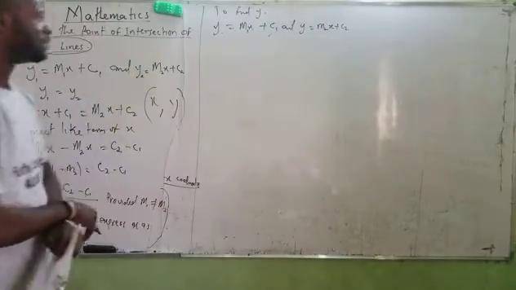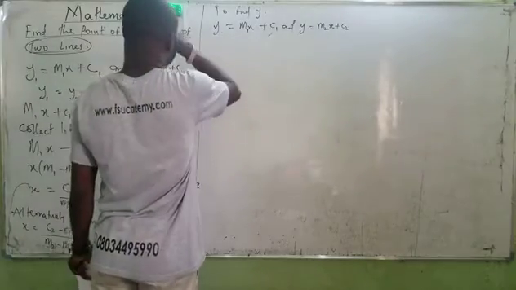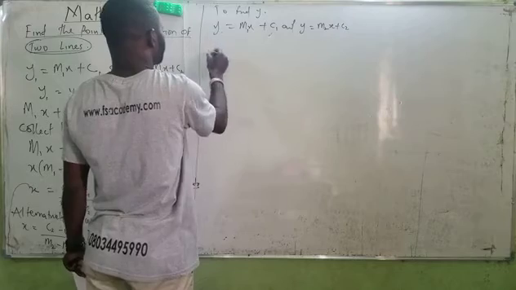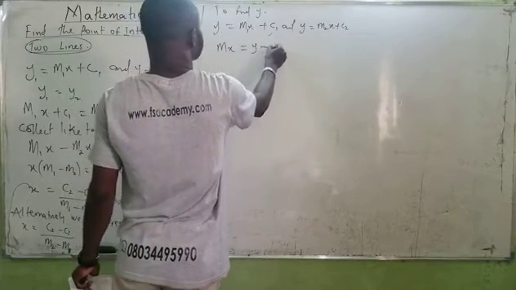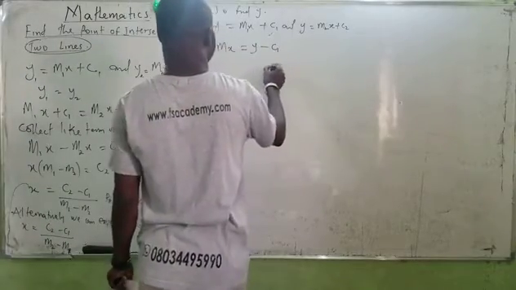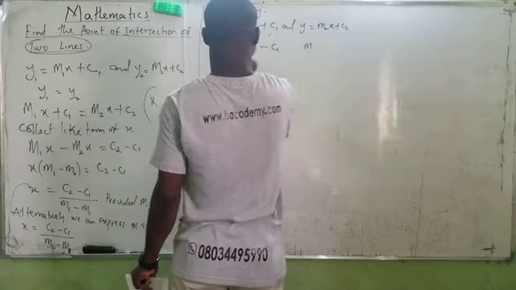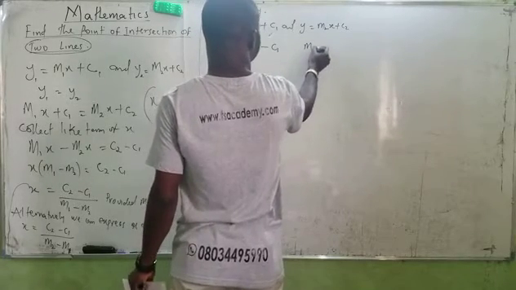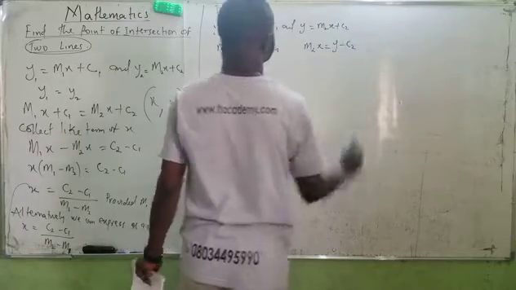At this junction, m1x equals y minus c1, and m2x equals y minus c2.